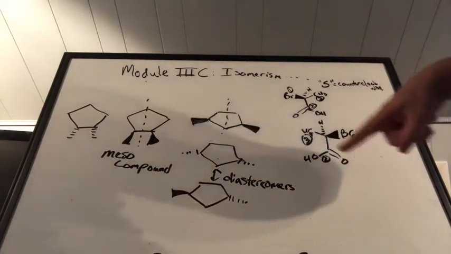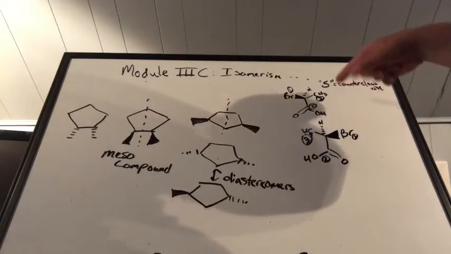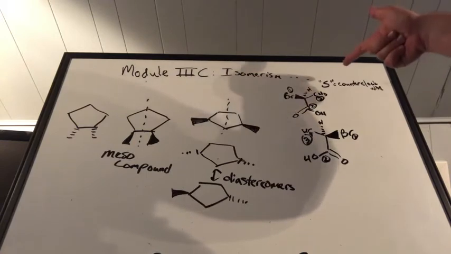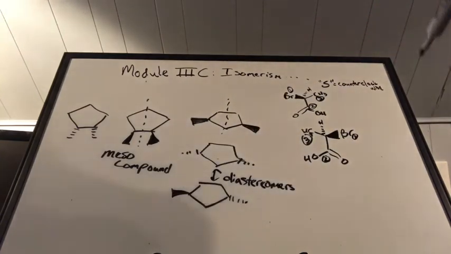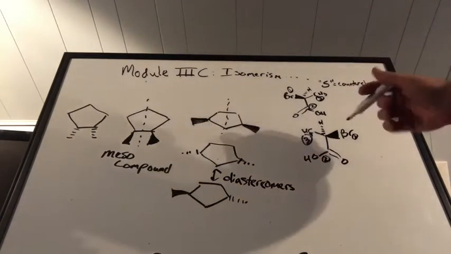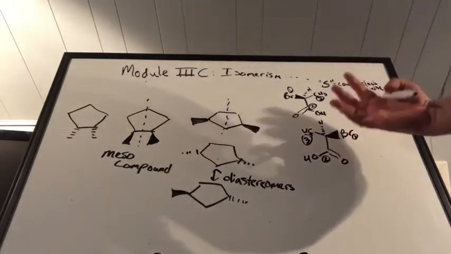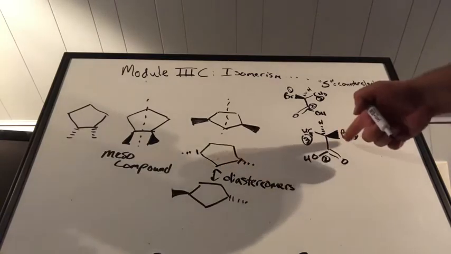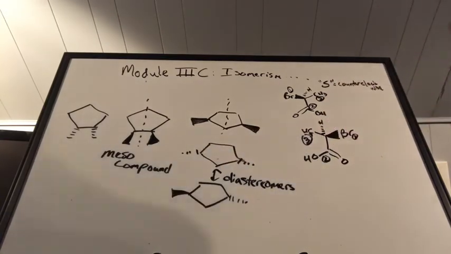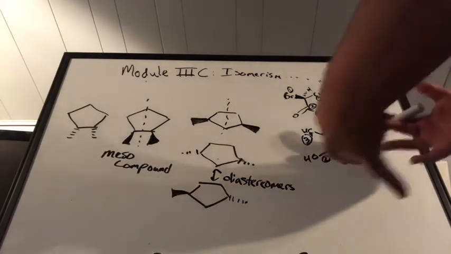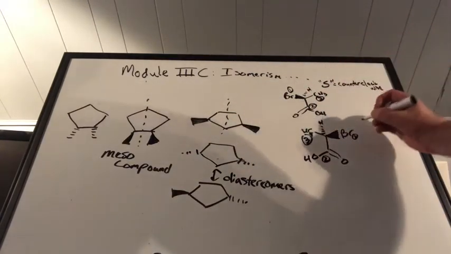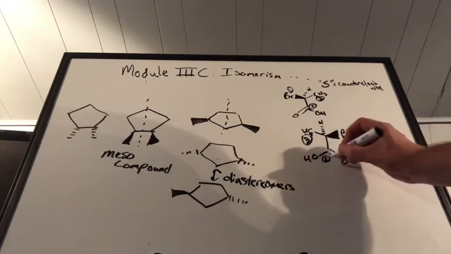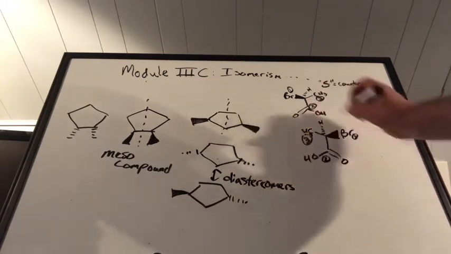Now, when you're looking to deduce what kind of configuration you have, you have to make sure that the top 3 or the highest priority elements or nuclei that are attached to that stereogenic carbon are facing outside, right? So this hydrogen is going to be going into the plane of the page. So this is going to go 1, 2, 3. So that's clockwise.